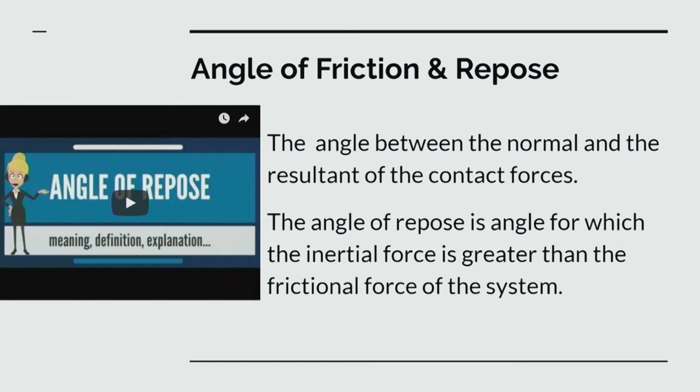It is basically the angle of repose, which talks about a condition in which the inertial component is greater than the frictional component. With this brief idea on friction, in the next lecture we'll talk about how friction is useful in the functioning of various mechanical systems.